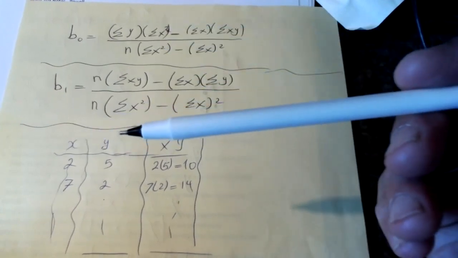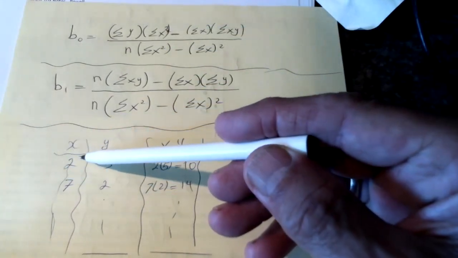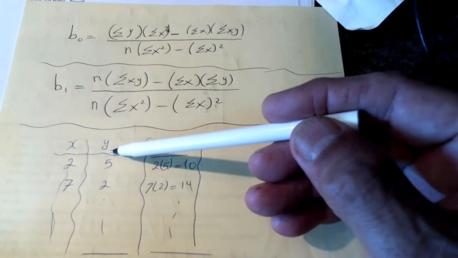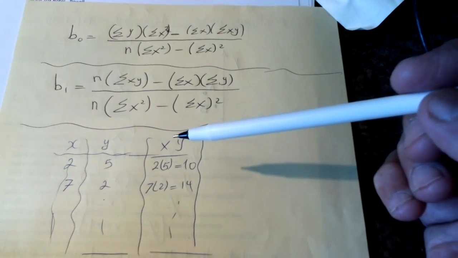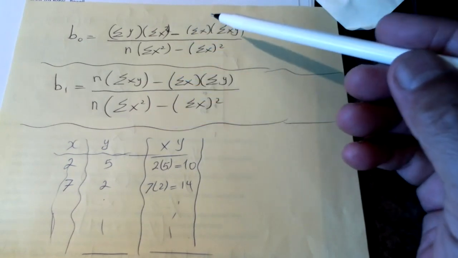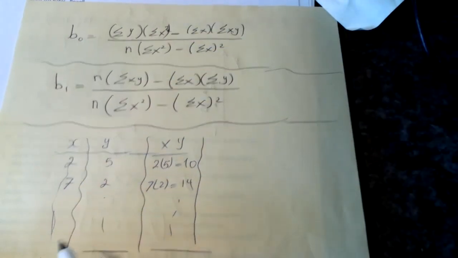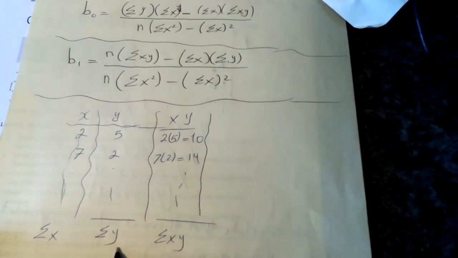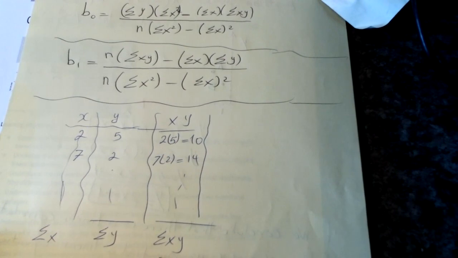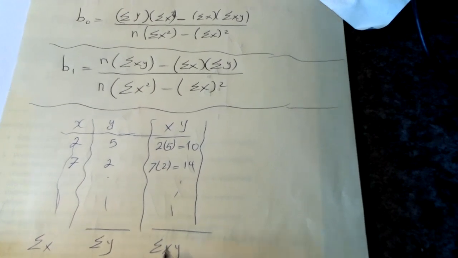For instance, in any problem, we give you a bunch of x and their pairs of y. If I want to find the sum of x, I just add all these, and if I want to find the sum of y, I add all these numbers. And in the formula, you also have the sum of xy.